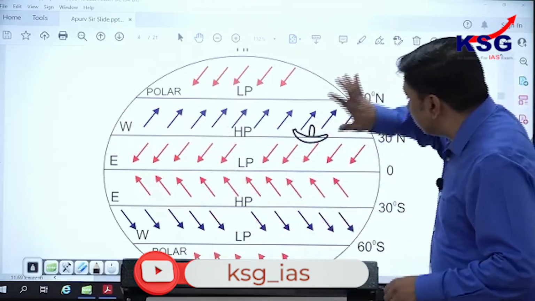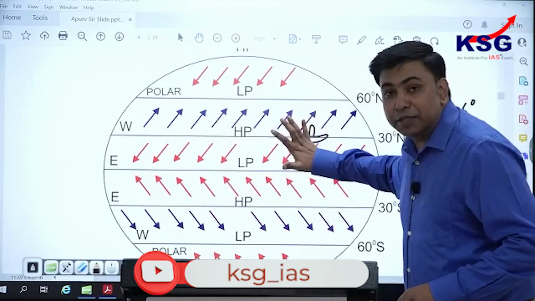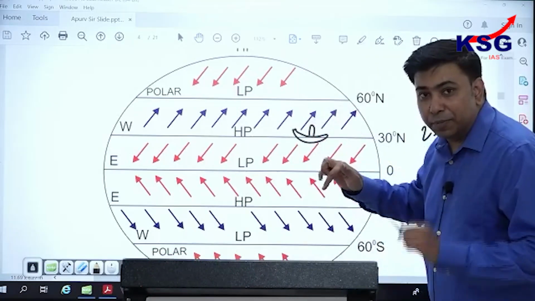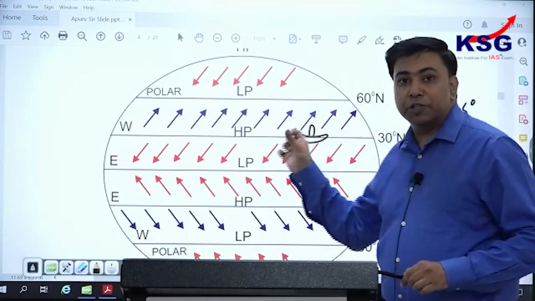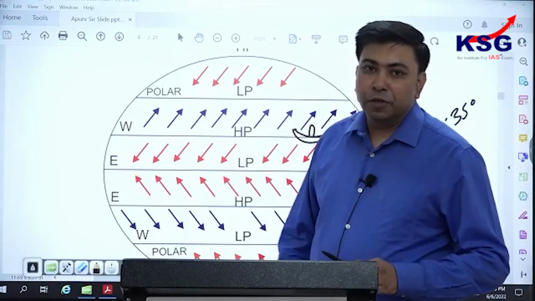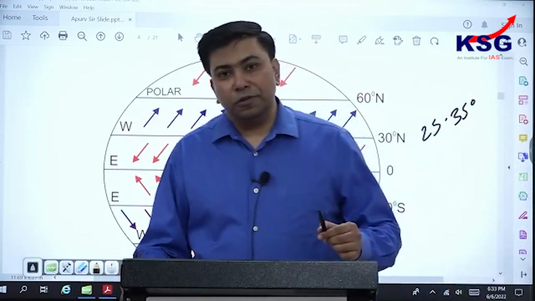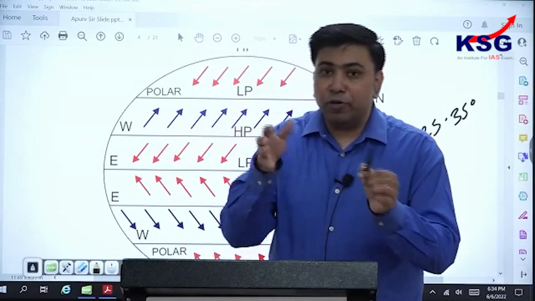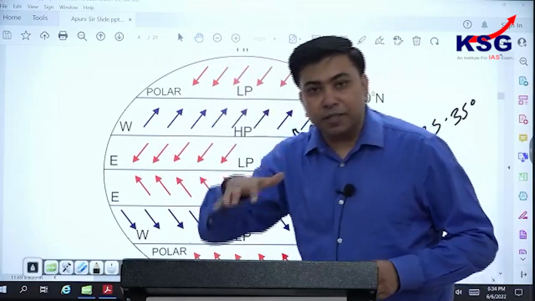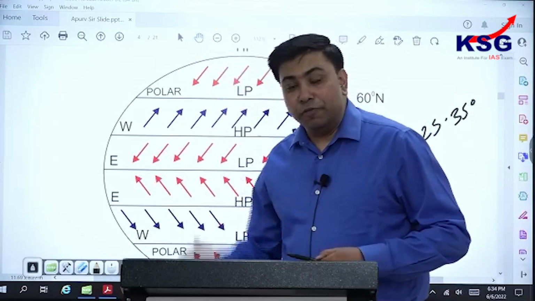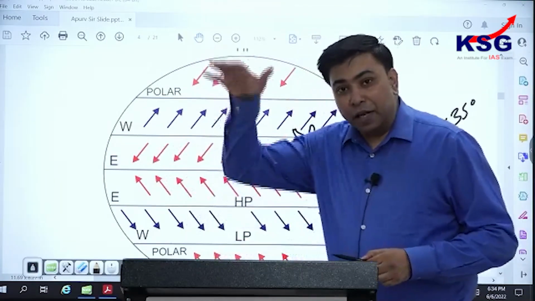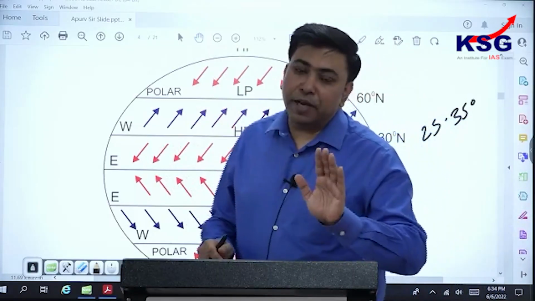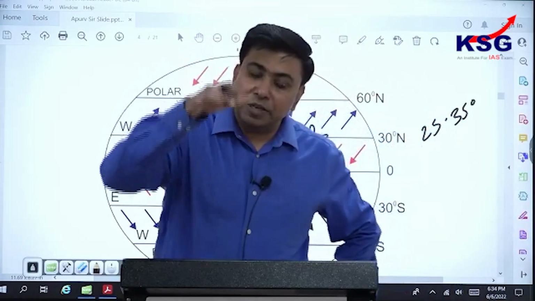One, tremendous pressure is applied by sinking air parcels, and because of divergence of wind in the subtropical zone, a vacuumless type of condition also develops. So the ship stops moving because a vacuumless condition develops between 25 to 35 and the air parcels are sinking continuously. So when the ships are not moving and the air parcels are sinking, tremendous pressure is being applied over the ships by the sinking air parcels.